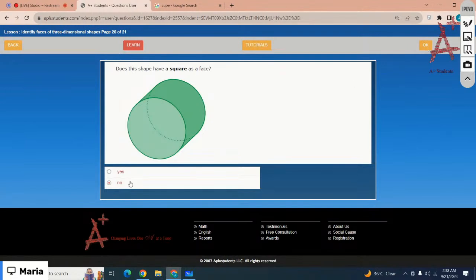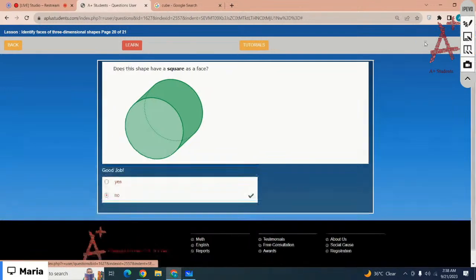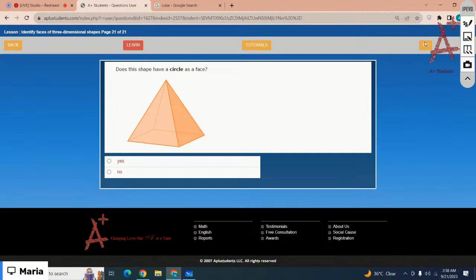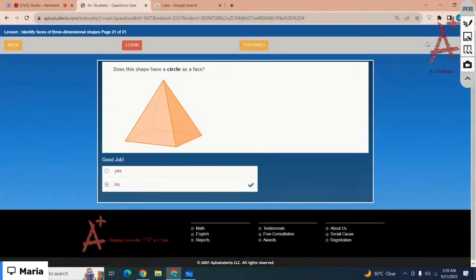No, the shape does not have any square as a face, right? Does this shape have a circle as a face? No, the shape does not have any face as a circle, so the answer is no, right?